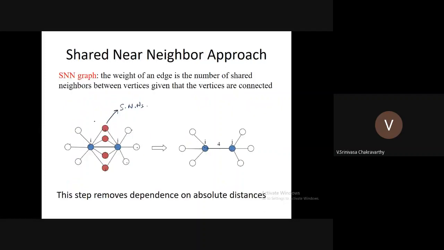The nearest neighbor is a relative concept. By doing that, you got rid of the dependence on absolute distances. So this idea of nearest neighbor, we actually encounter it in day-to-day life as a measure of proximity or measure of closeness. Can you give me an example of where we use this in real life?